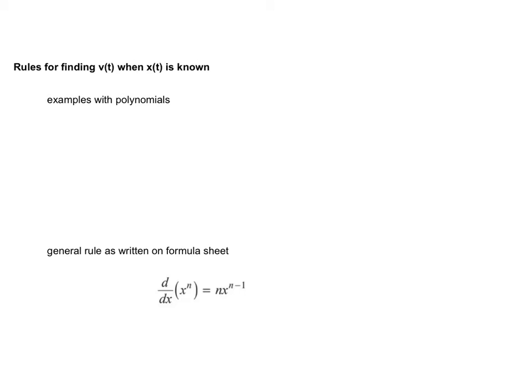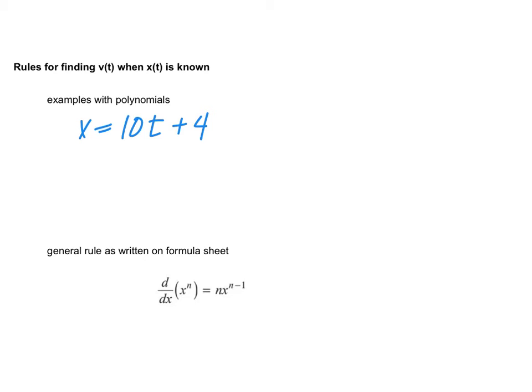It's just that they write it in kind of an odd way. I'm going to rather show you some examples, and I think it's easier to see the pattern by looking at that. So let's say I am told that x is equal to 10t plus 4.